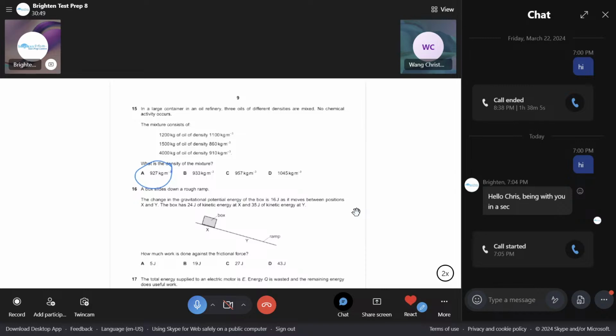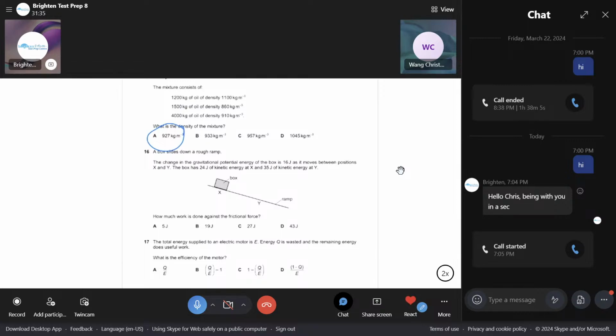The numbers are less important, but ultimately it's the number which counts, otherwise you can't answer it. And the numbers are too close to make a qualified estimate: 927, 933, 957. The 910 has a heavy impact. We're talking about nearly 7,000. Of course, they don't make life so easy. If it ended up on, say, 6,000, then life becomes a bit easier, like this one would only be 500. Then you could easily make the proportions and get a qualified estimate. That is a bit more difficult. Okay, all right.